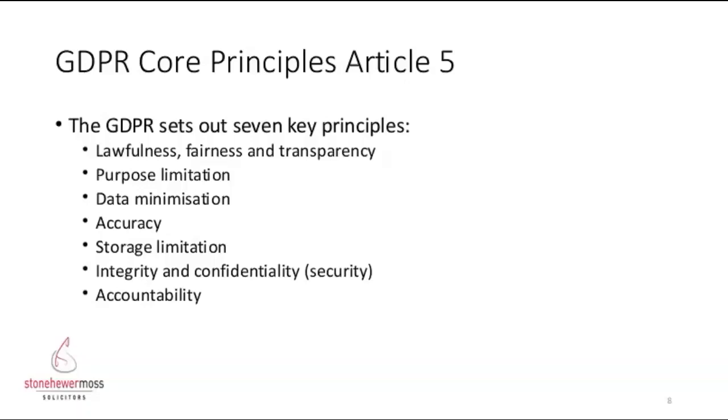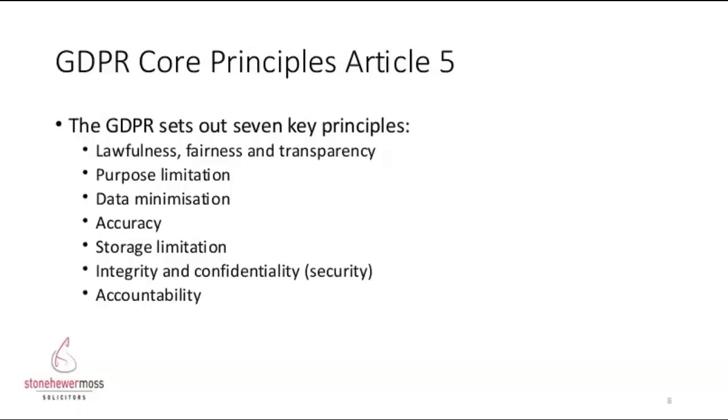I think the ICO's website has a video where somebody goes into a hotel and the hotel receptionist says, what's your shoe size? And that's a good example of data they don't really need. When you do collect data, it's got to be accurate. So any inaccuracy could be a potential breach, so make sure what you've got is correct, and it's only kept or retained or stored for an appropriate level of time.